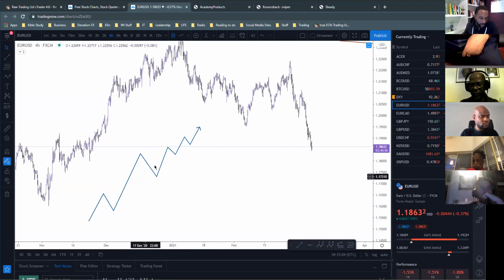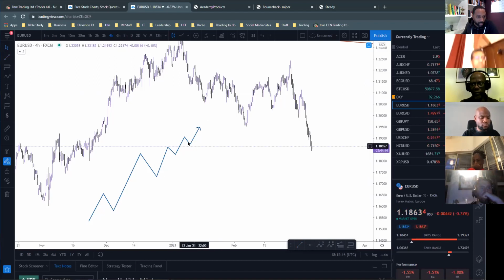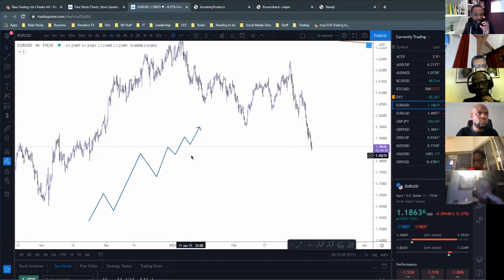And in this final impulse, which I've broken down into 5 moves itself, what we would be looking for is a move that goes below this last higher low. Look, yeah, this is a higher low. That's correct. We'll be looking for a move that goes below this last higher low to give us an indication that the market might be thinking about turning around.